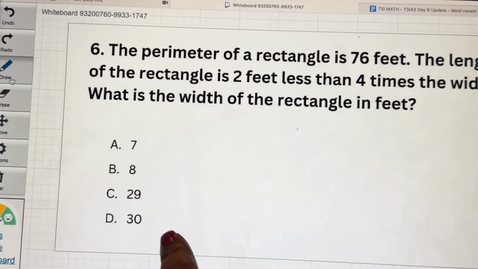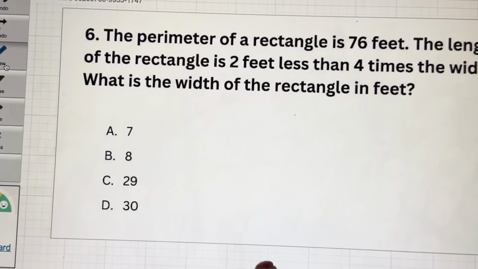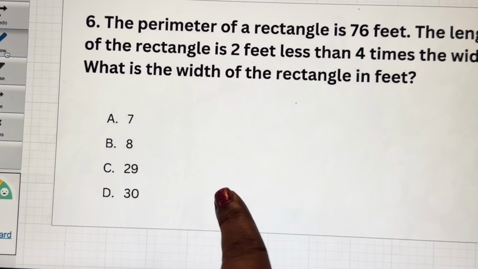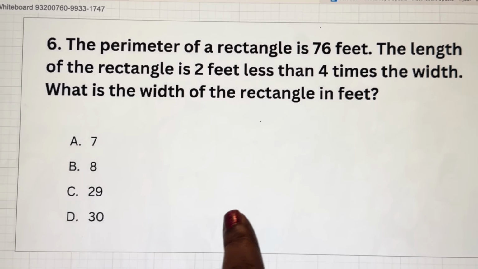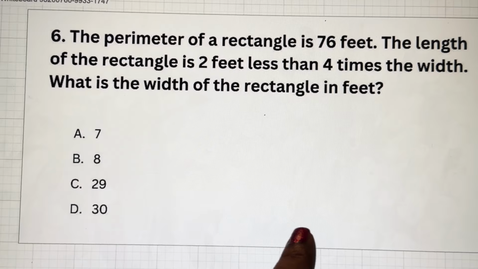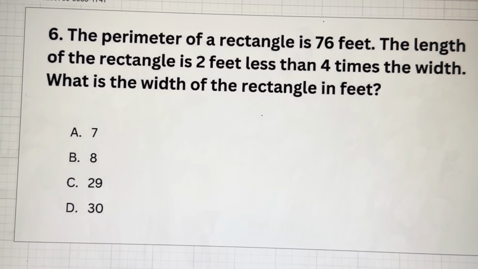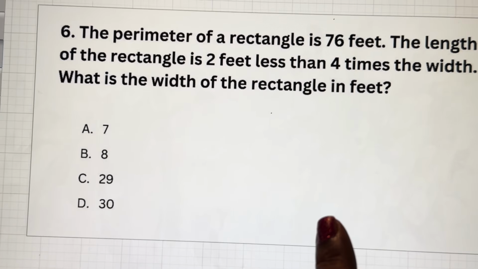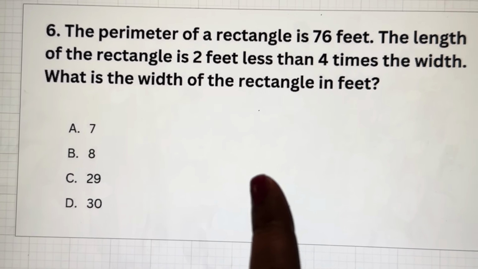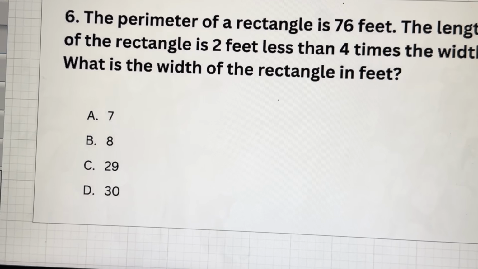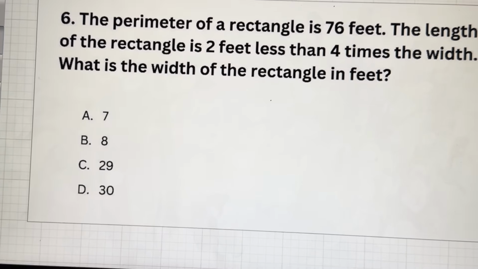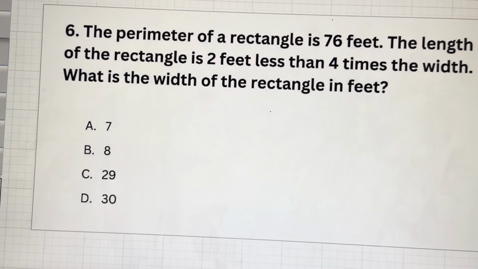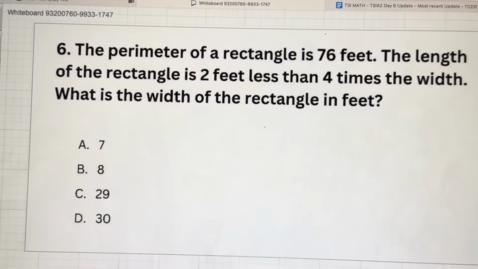When we make a graph, we can plug in 7 here, and when we do 4 times 7, that's 28, and minus 2, since it's 2 feet less than, so we put minus 2, and it becomes 26.